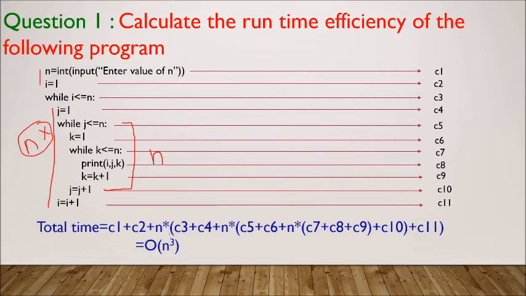You can see here all the other statements are multiplied, and then again C3, C4 which was in the second while loop, again n is multiplied, and the third while loop. When we open it up, the dominant term, which I have already explained in my previous video, will be n cube. So this will be the efficiency of this program.